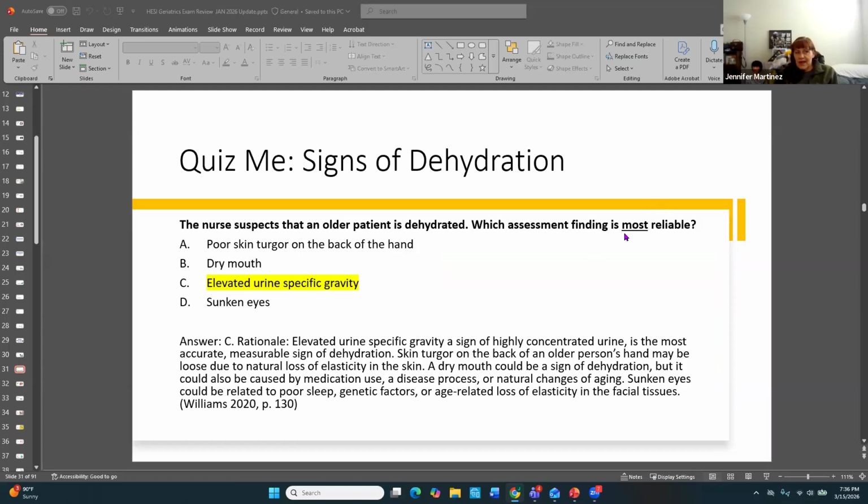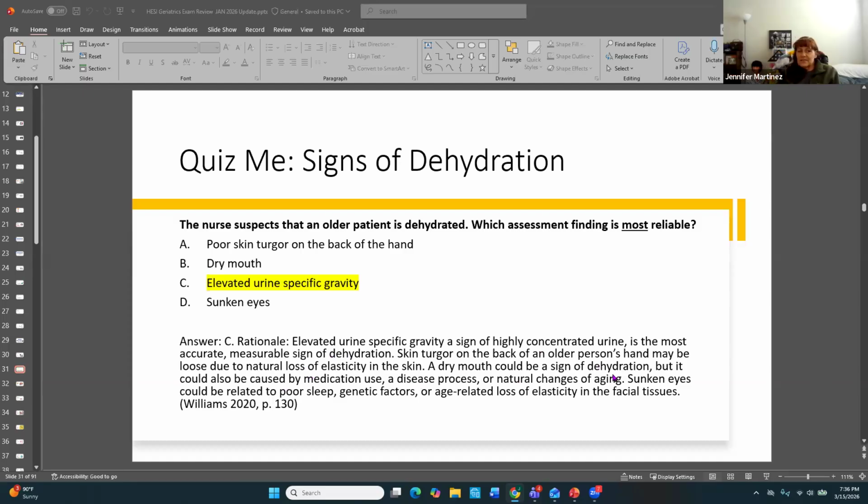So most reliable, right? Getting a urine sample and looking at that specific gravity is going to give us the indication of what's going on. Elevated urine specific gravity is a sign of highly concentrated urine. It is the most accurate measurable sign of dehydration. Skin turgor in the back of an old person's hand can be loose due to natural loss of elasticity in the skin.